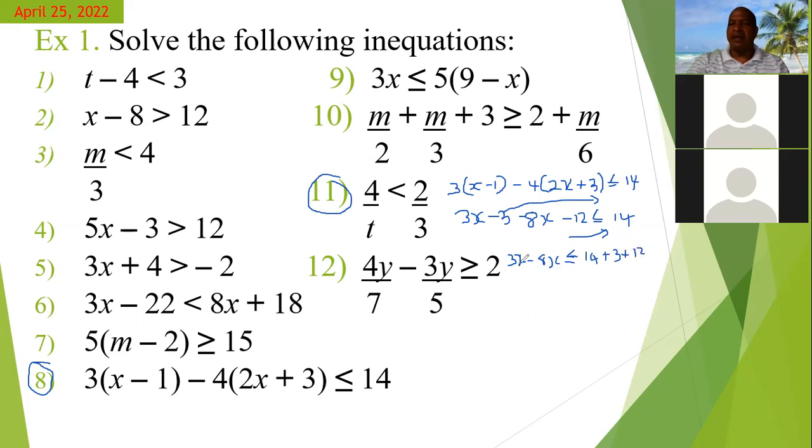All right, so on the left side, we subtract 8 from 3. That leaves us with -5x. On the right side, we add what we have. So that would give us 26 plus 3, gives us 29. And divide both sides by -5.